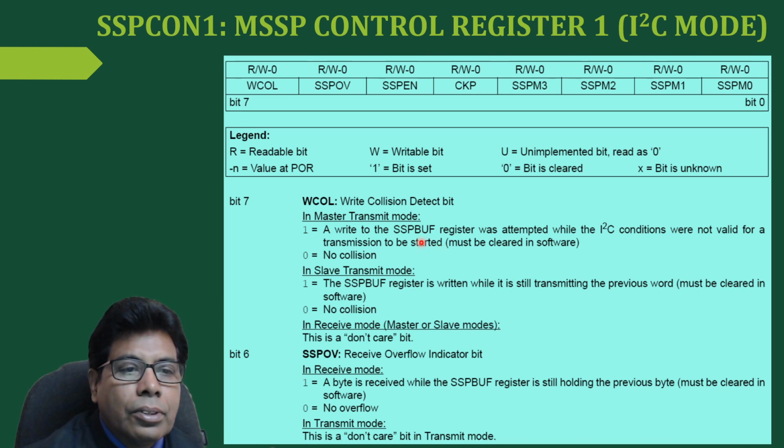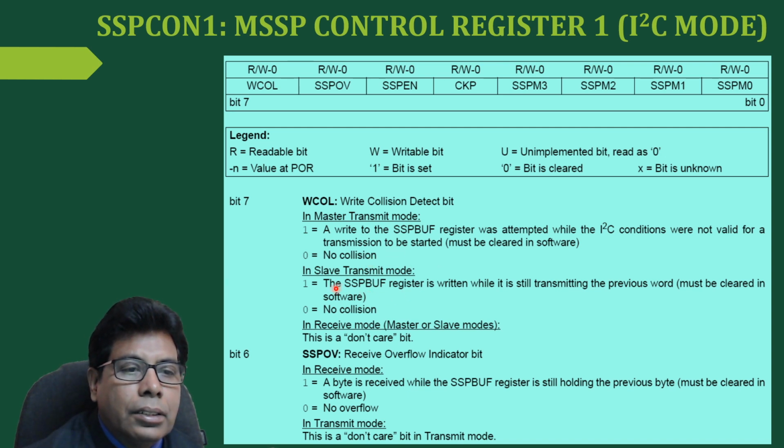That is how this will indicate that such an attempt was made. In order to clear it, you have to clear it in software. Then 0 means there is no collision.